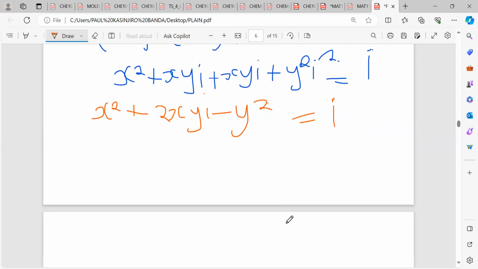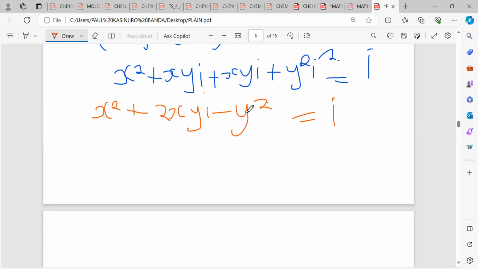When you reach this point, you group the terms: those that have i together, and those that do not have i together. Those that do not have i are x squared and minus y squared, so it will be x squared minus y squared plus 2xyi is equal to i.